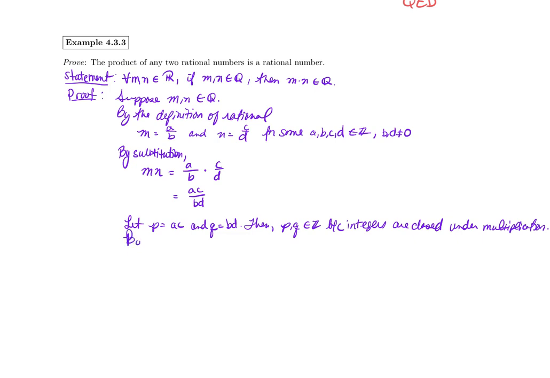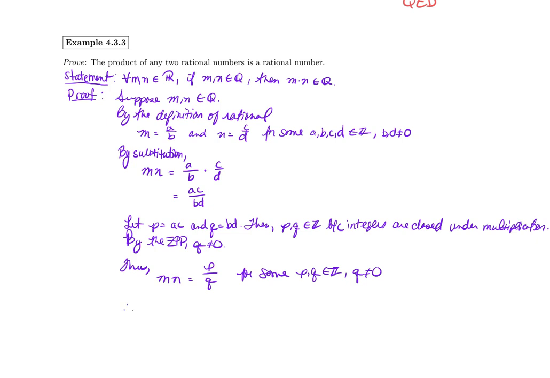And we would also say by the zero product property, we also know that q is not zero because q is b times d, and we already stated earlier that b and d are both non-zero. Thus, we continue our simplification. mn now equals p divided by q for some p and q in the set of integers, and q does not equal 0.